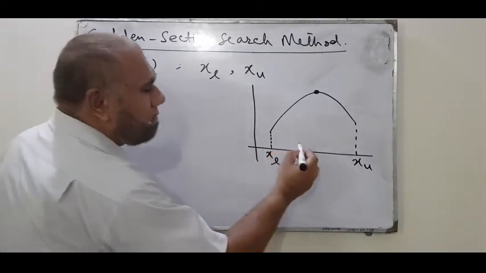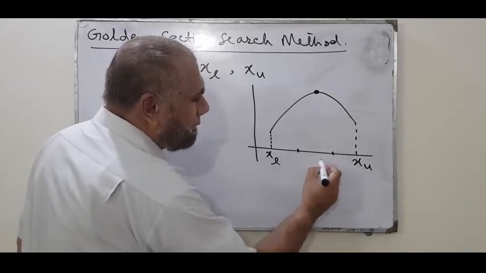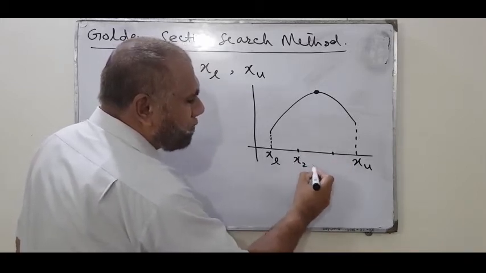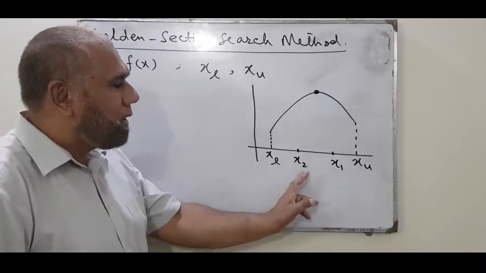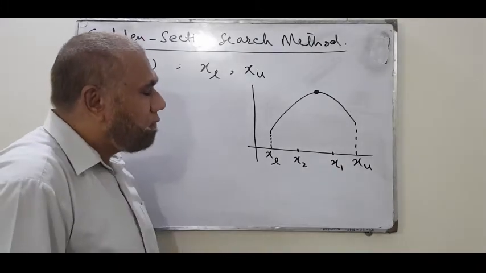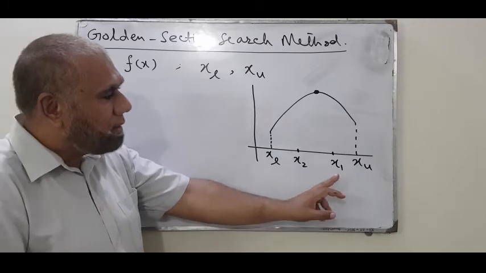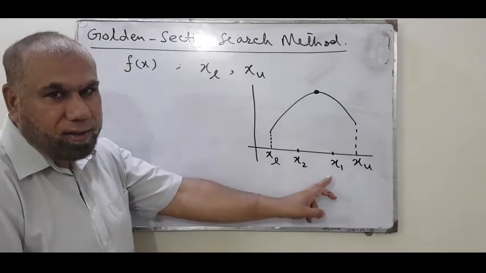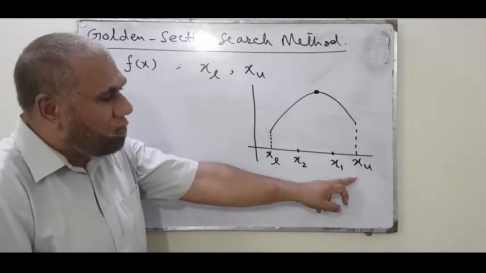Now further we will be finding two more points within the domain, and we label them as x2 and x1. How do we locate these 2 points? I'll be explaining it in a short while. For the time being, just keep in mind that these are the 2 points we have to locate within the boundary of xl and xu.